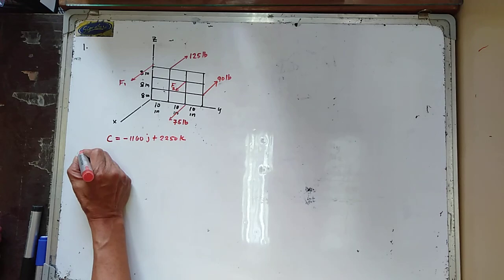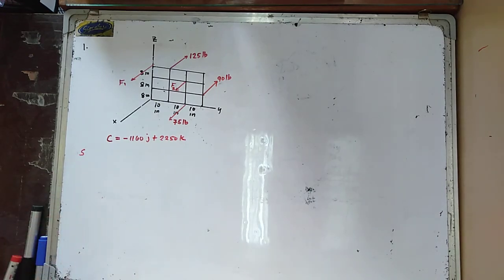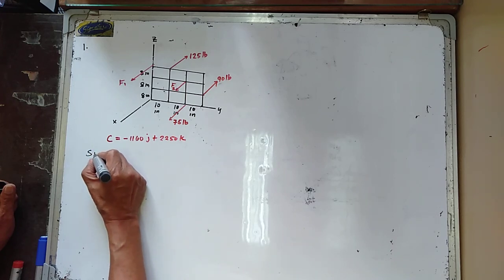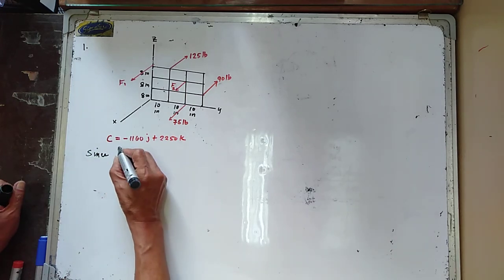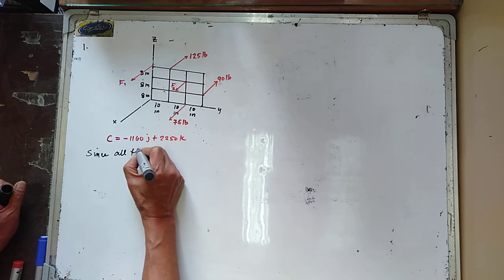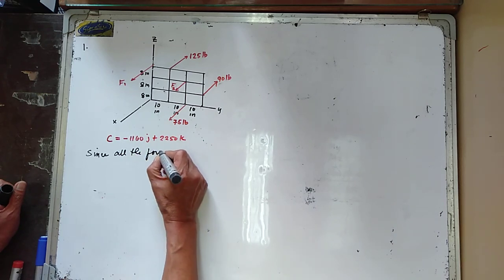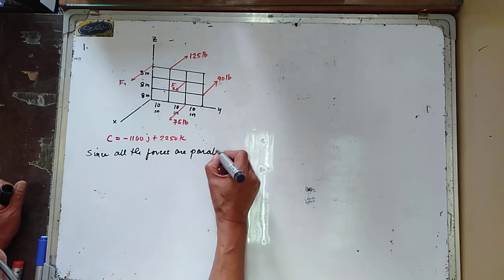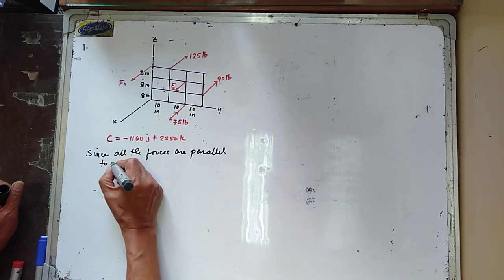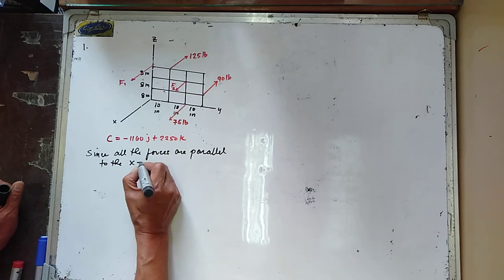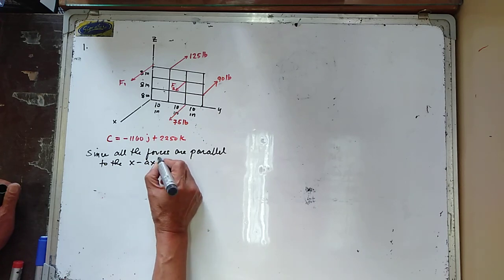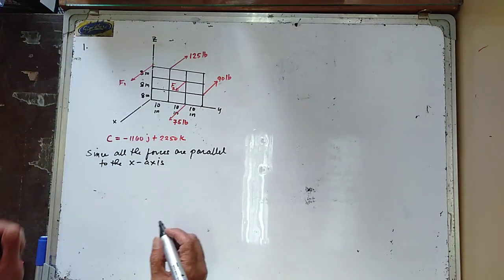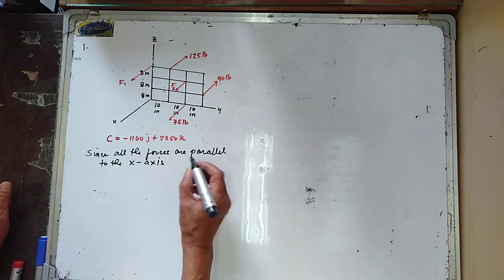Since all the forces are parallel to the x-axis, we have the x-axis, this is the y-axis, and that one is the z-axis.